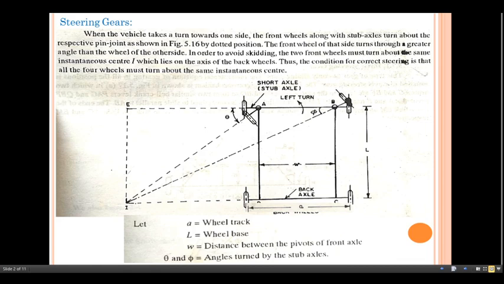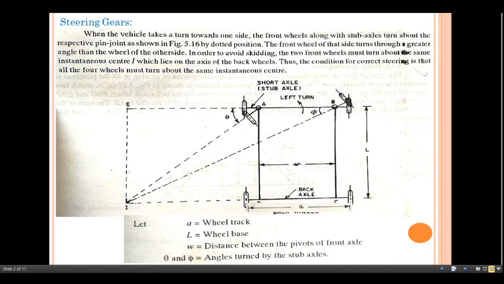What about theta and phi? These are the angles turned by the stub axles towards the inner side and the outer side. This indicates the outer side wheel, and this indicates the inner side wheel. This is the original position of all four wheels.